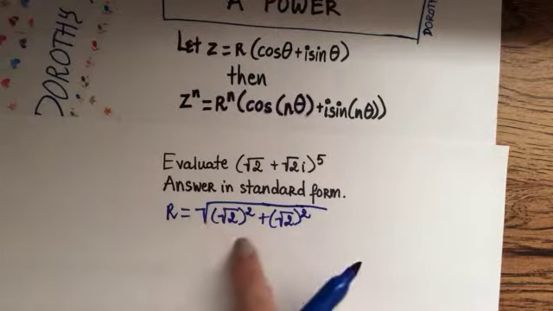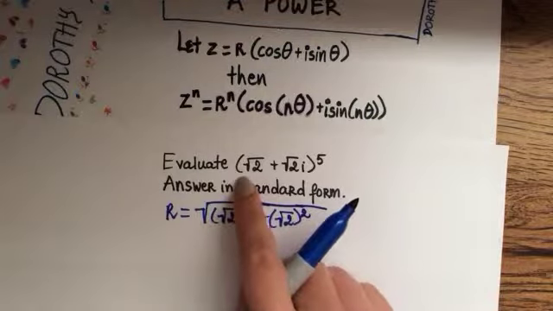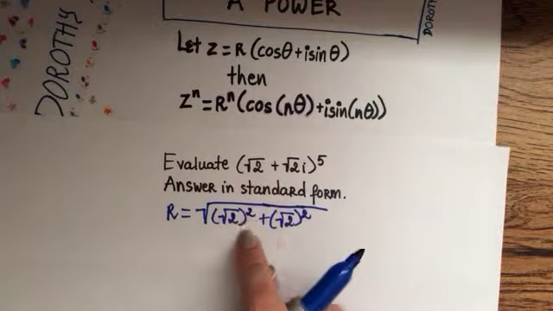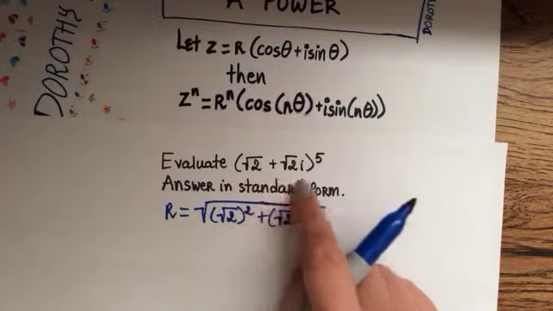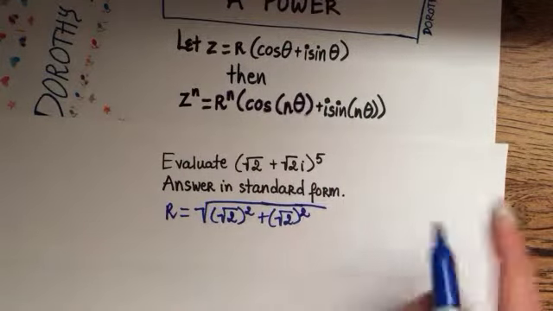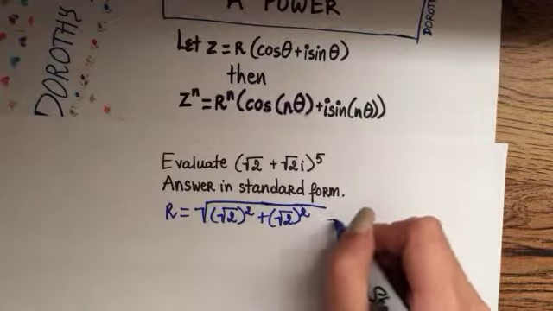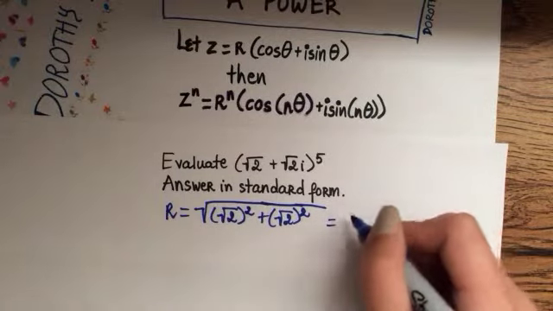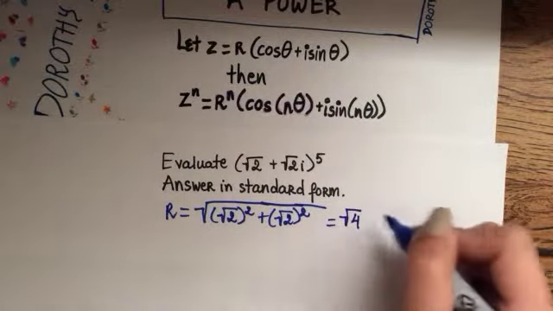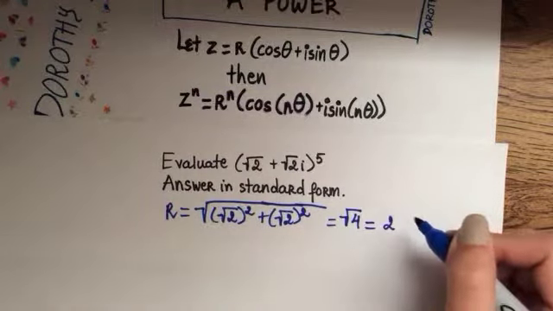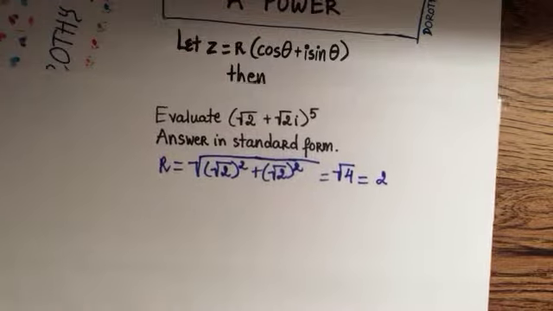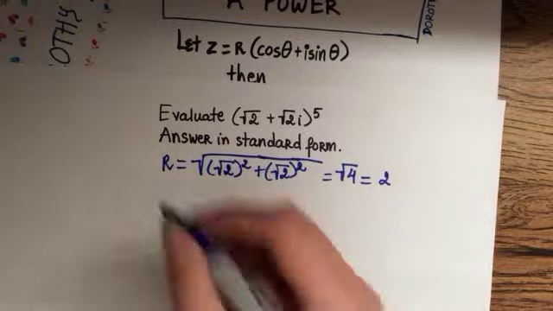The first one you square is your normal number, and you add it to your imaginary number squared. This will give you the square root of 4, which you know is 2. So that's your r. After this, you're going to have to find your theta.